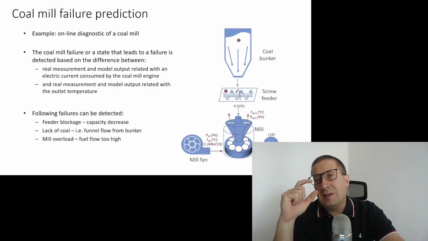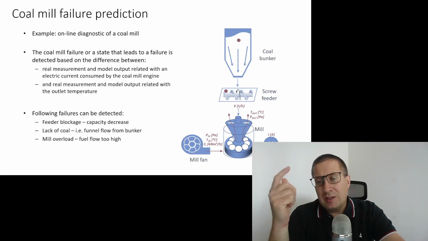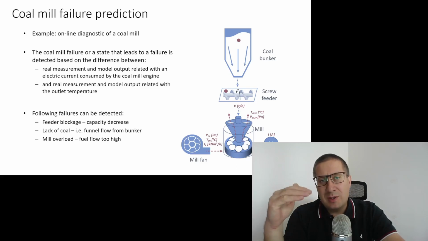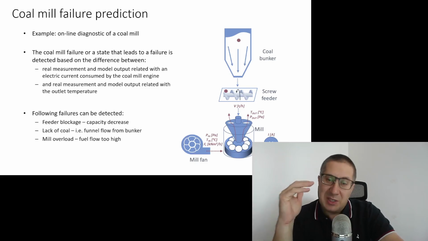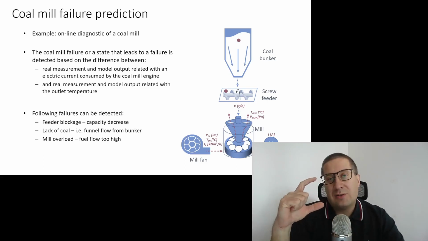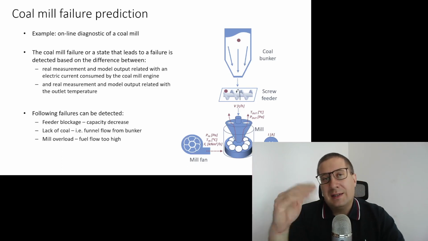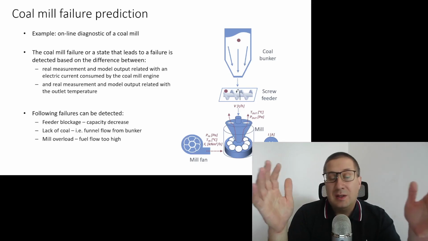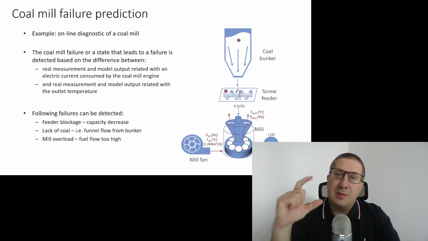If the mill is overloaded, the current consumed by the coal mill is higher, but still is within the acceptable range, right? At least for a while. The same with lack of coal. The current consumed by the coal mill decreases, but for a long time is in acceptable ranges.